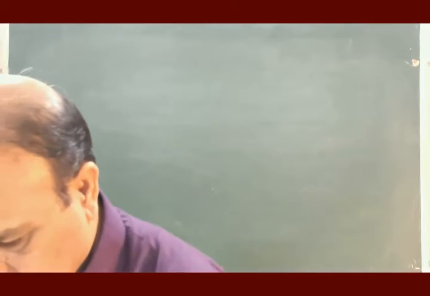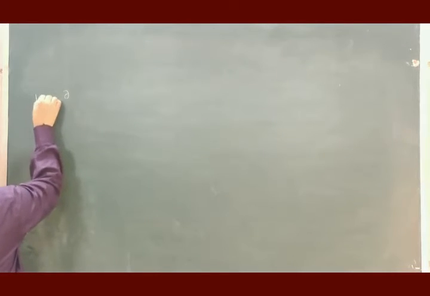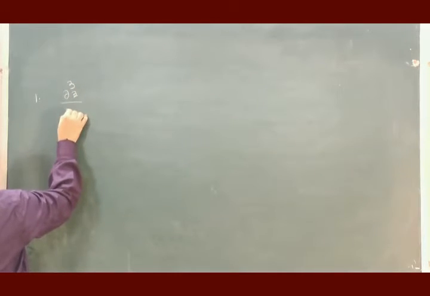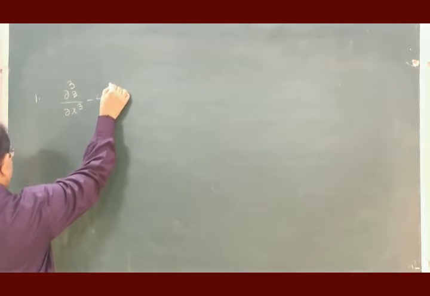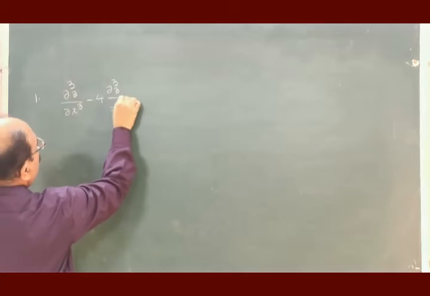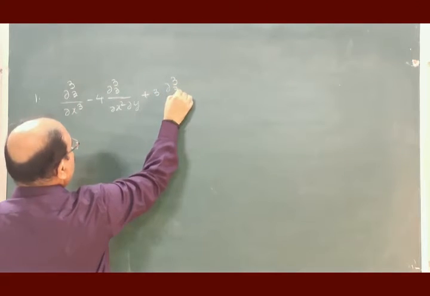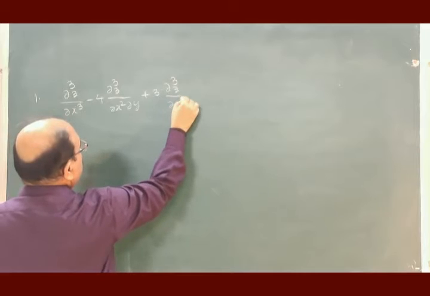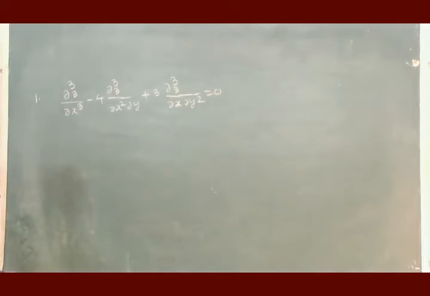And the first problem is dou cube z by dou x cube minus 4 dou cube z by dou x square dou y plus 3 dou cube z by dou x dou y square is equal to 0.